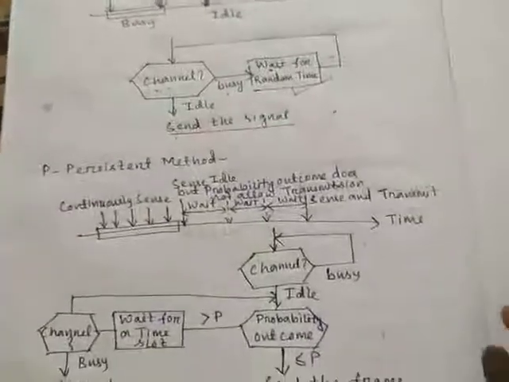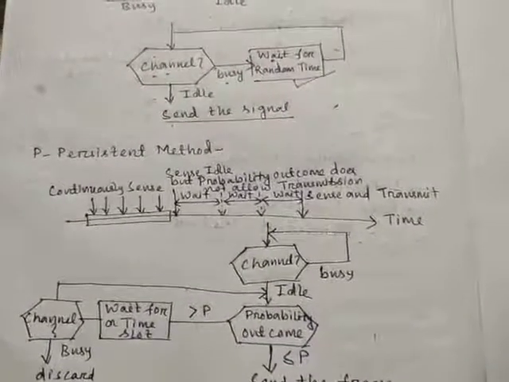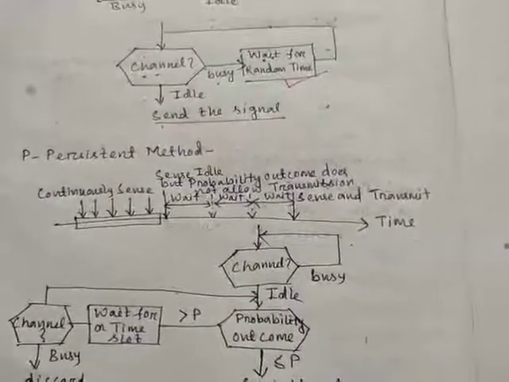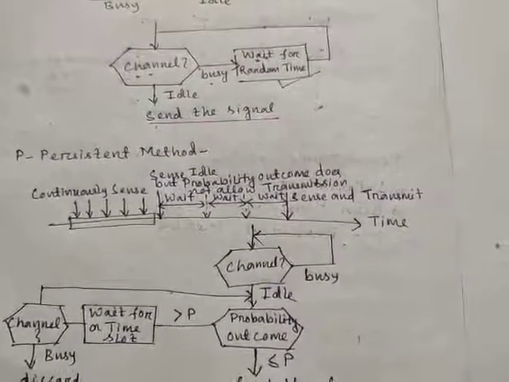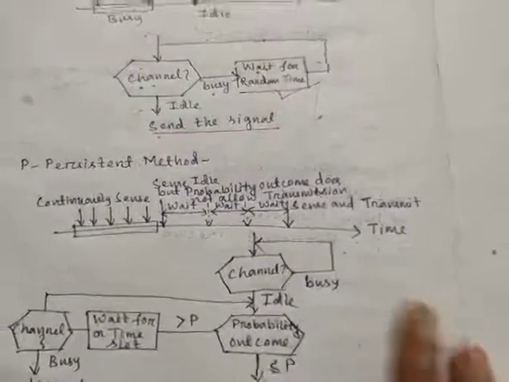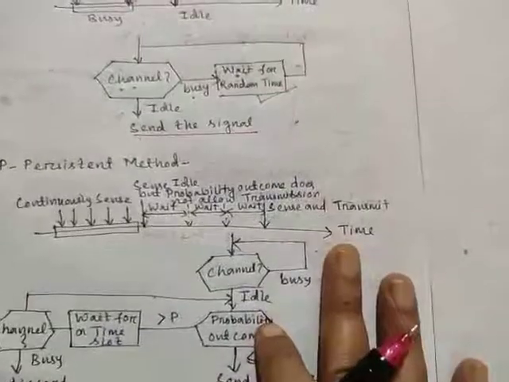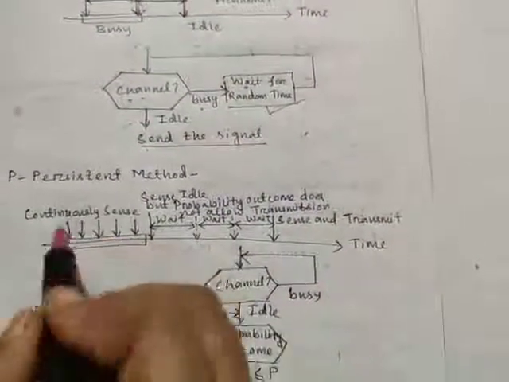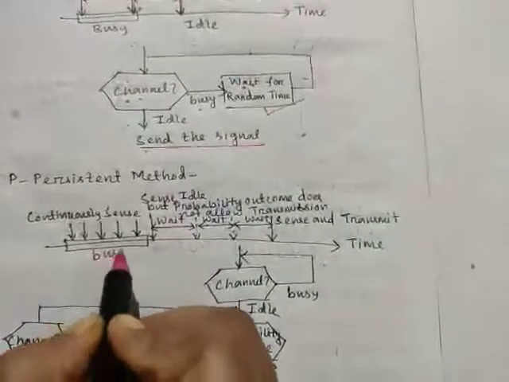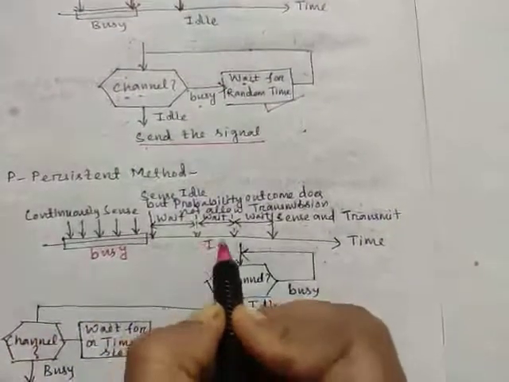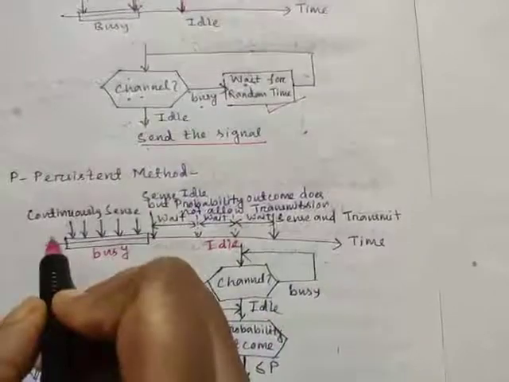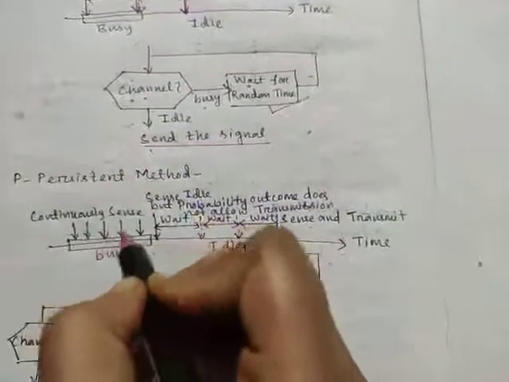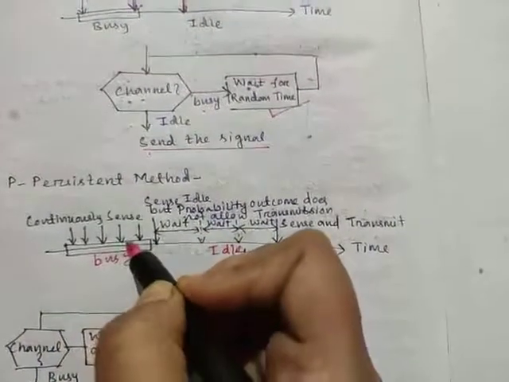Last one is the P persistence method. It combines the advantages of the other two strategies. In the P persistence method, it senses the channel continuously until the channel becomes idle. Here, this one is the busy part, this one is the idle part. In this method, it continuously senses the channel until it is idle.